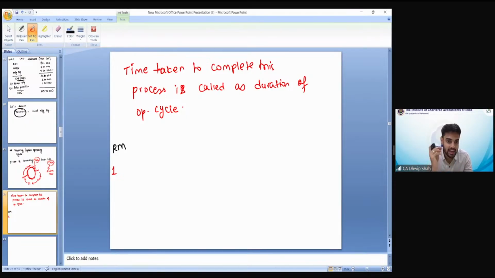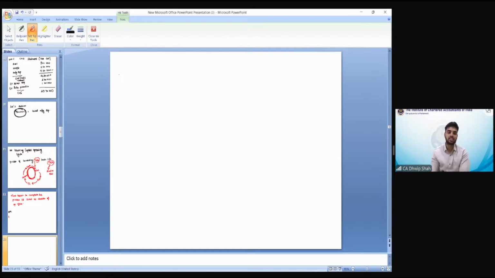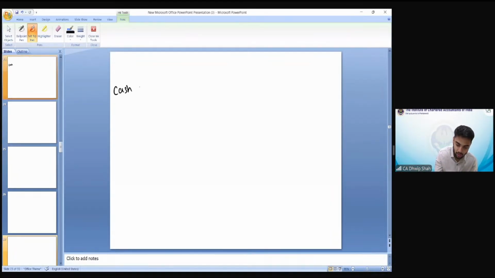Now, any business unit will not directly enter into process. अच्छा आज खरीद लिया आज ही प्रोसेस में डालेंगे? No. Before entering into the process, before entering into the machinery, they will hold it for some period. So let's say I hold raw material for 2 months. So can I say my cash is blocked for 2 months? As of now, it is clearly seen that it is blocked for 2 months. Yes or no? आज मैंने cash देके खरीदा and now this cash is in the form of raw material.